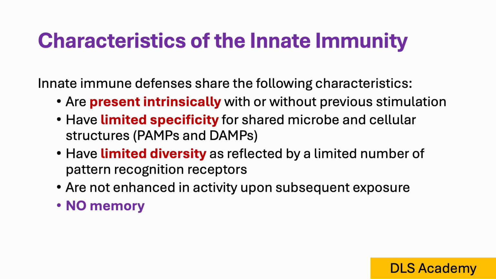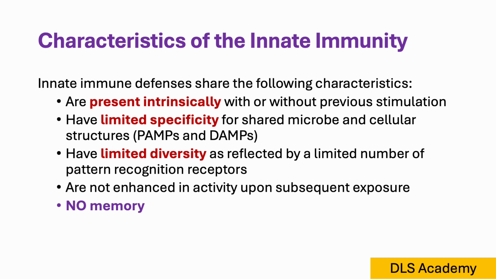But here are some of the limitations. First of all, it has limited specificity. It's only capable of recognizing shared patterns of structures among the different pathogens. Due to this limited specificity, you also see limited diversity, as these cells have a limited number of receptors that can recognize different patterns.